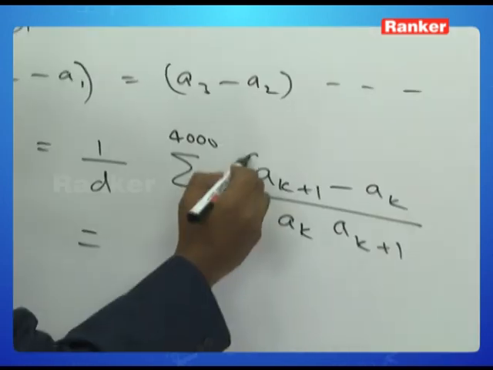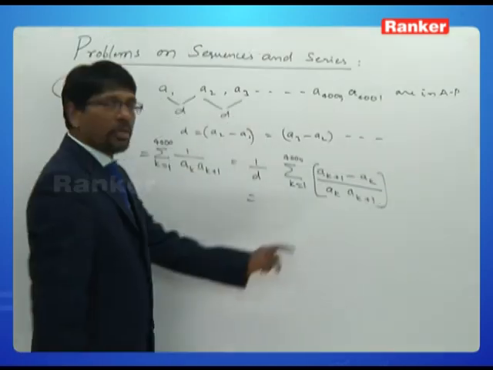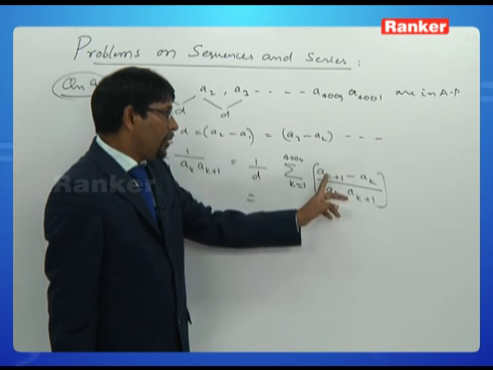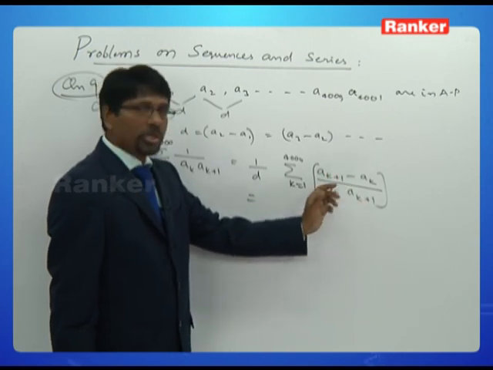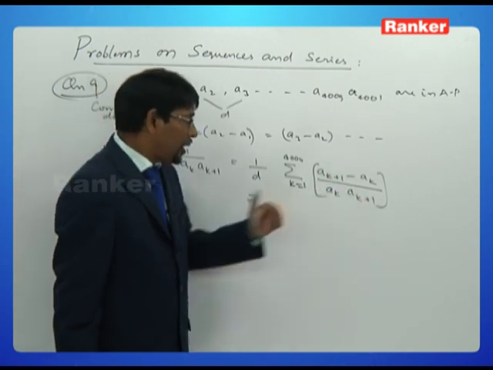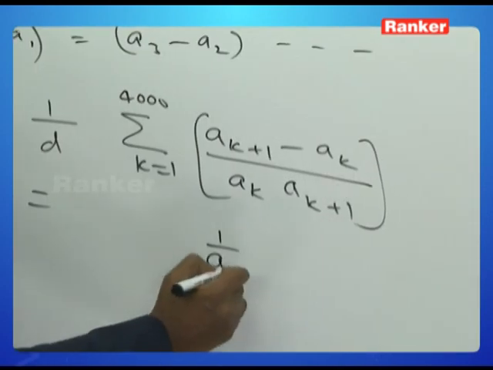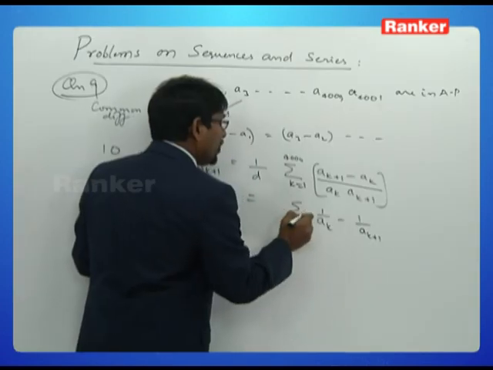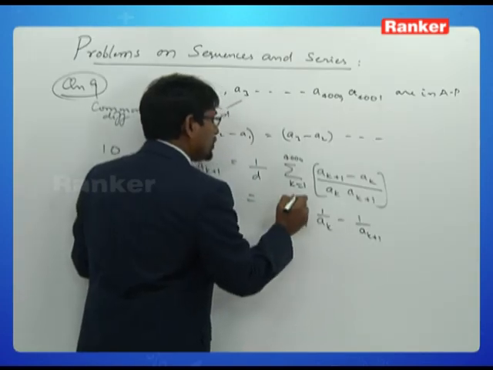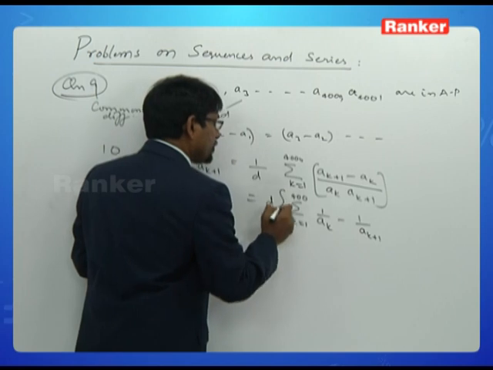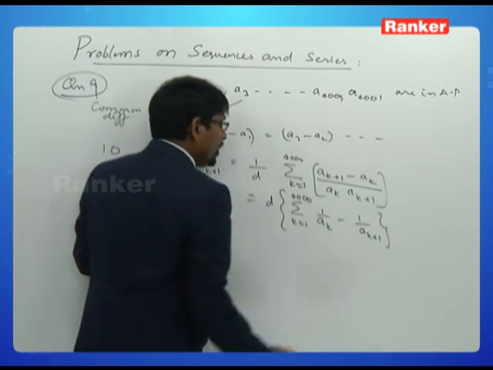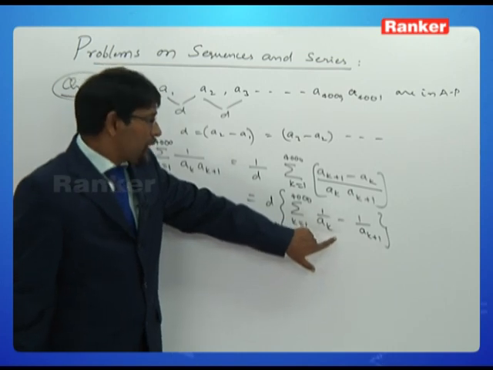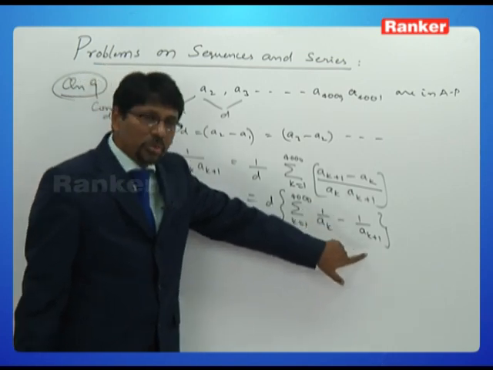Let's simplify this now. What is it you observe? Split it into partial fractions. Ak plus 1 minus Ak by Ak into Ak plus 1. When you split it into two fractions, what do you get? 1 by Ak minus 1 by Ak plus 1, k ranging from 1 to 4000, that into d. Now this is in the telescoping form, that is, it has been brought into the difference of two consecutive terms.